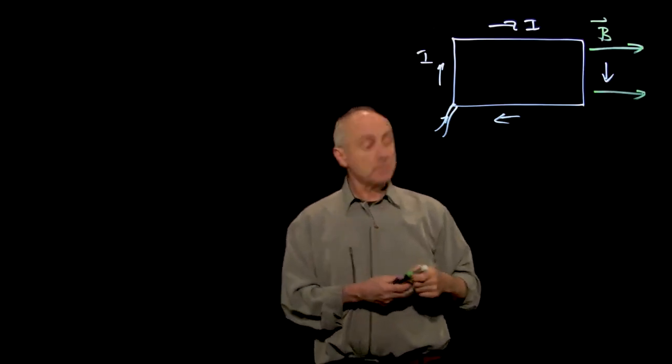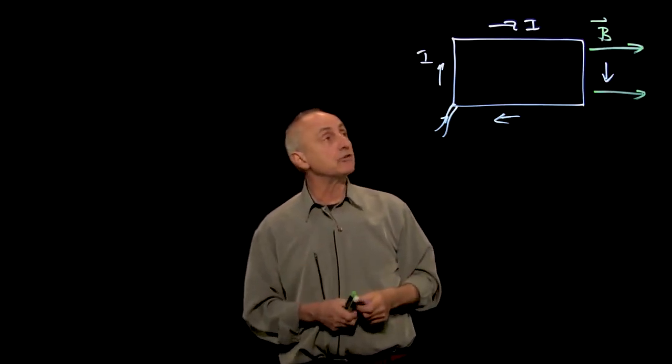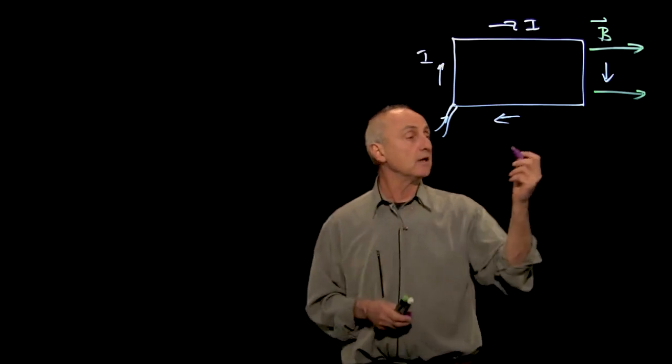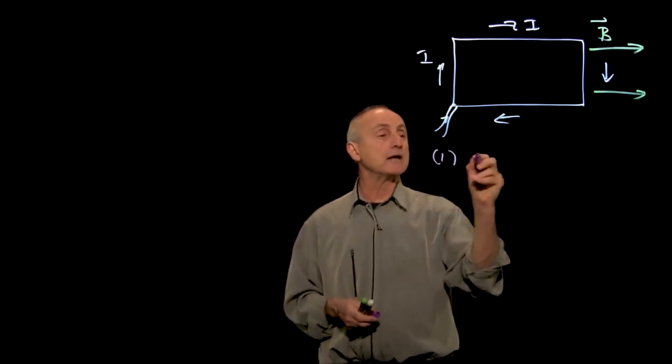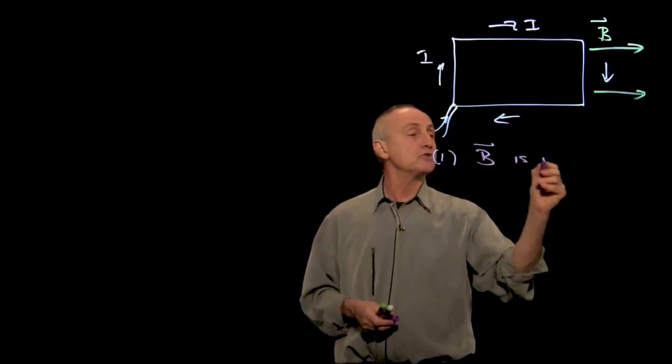And now, when we begin to make the analysis, we've already studied the example that we're going to look at, in which B is uniform.